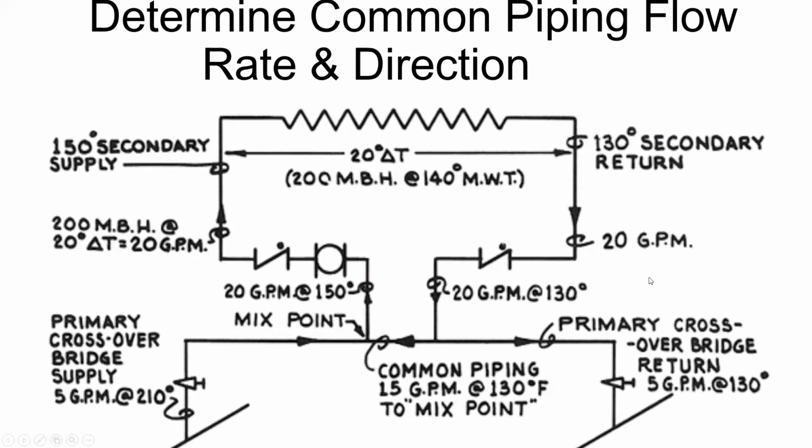Well, in this case here, it's more theory than practicality. But you wouldn't even have a valve if you had this set up properly, that I had 5 of 210 coming across here, and I had a load of 200,000 BTUs, and I'm pumping 20 gallons a minute, that's taking place.